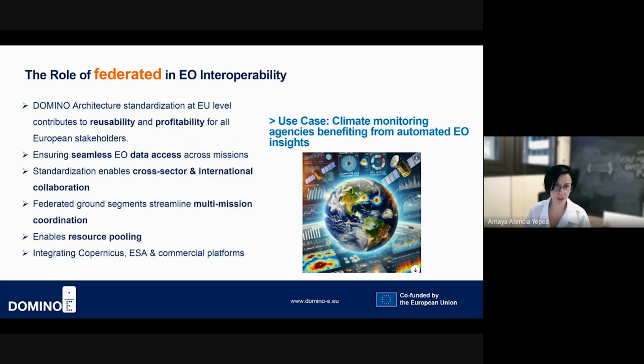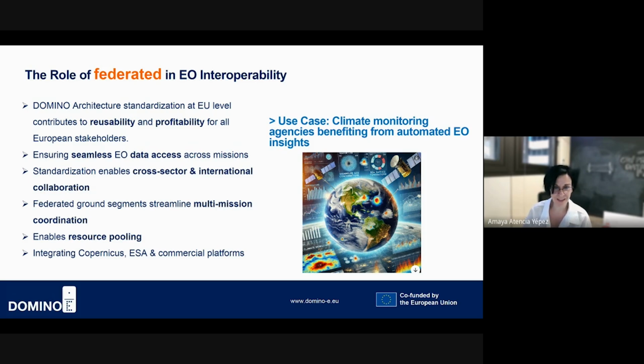It will ensure seamless data access across different Earth observation missions by making use of these standards and APIs to access the data.